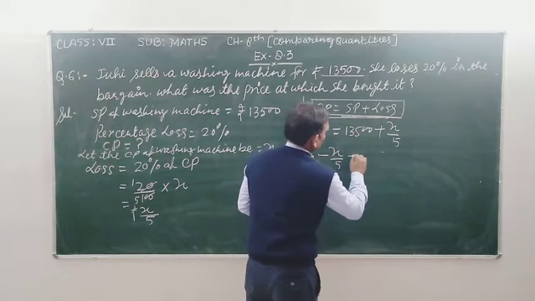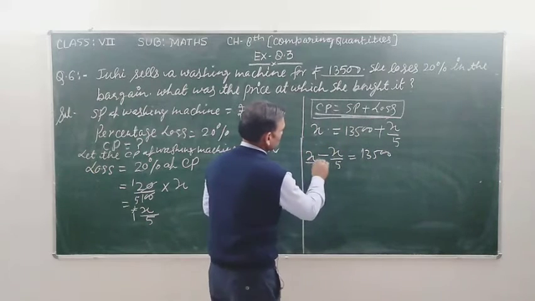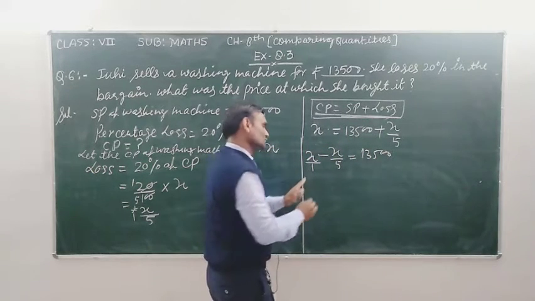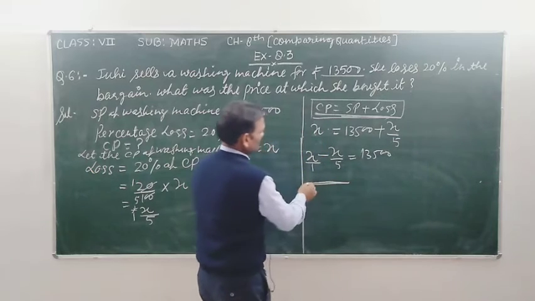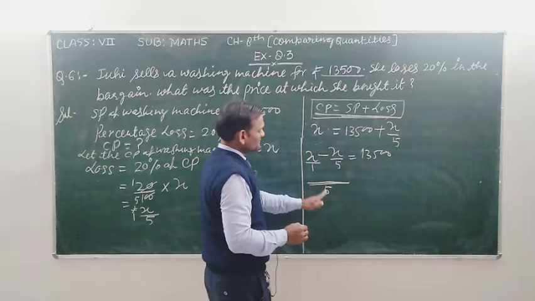So X upon 5 is equal to 13,500. Now you can make the denominator as 1. You know this very well, and take the LCM, that is 5. The LCM of 5 and 1 is 5.